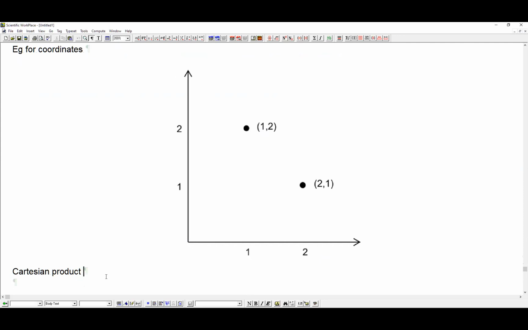So we write it this way. By the way, this cross sign is a really overloaded symbol in mathematics. If you see it in one context or another, it doesn't mean that it's the same.